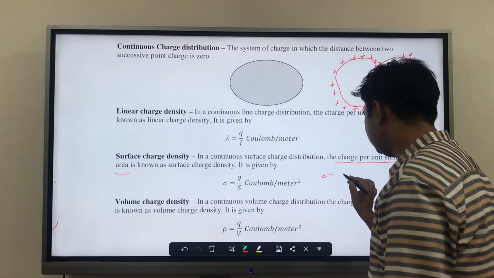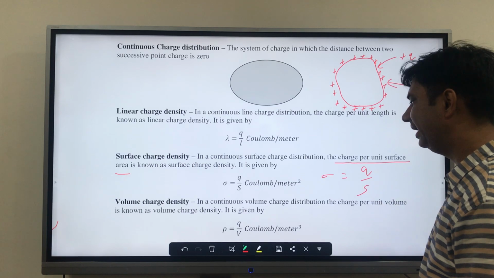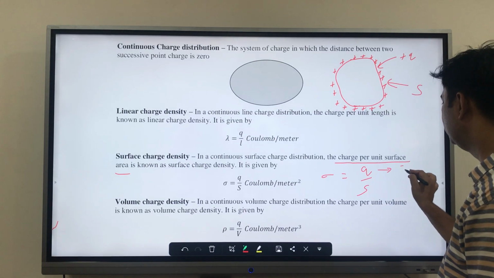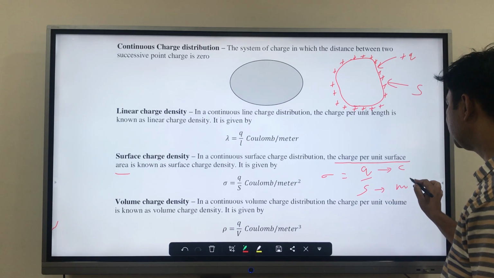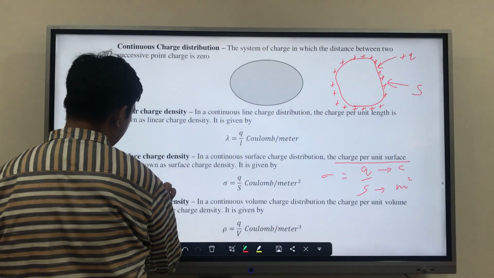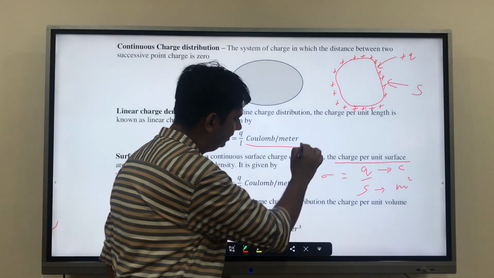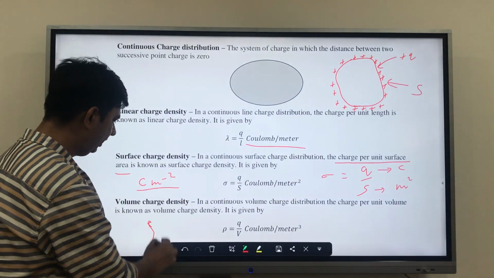So sigma is equal to Q by S, and the unit is coulomb for charge and meter square for area, L into B. So its final unit will be coulomb per meter square.